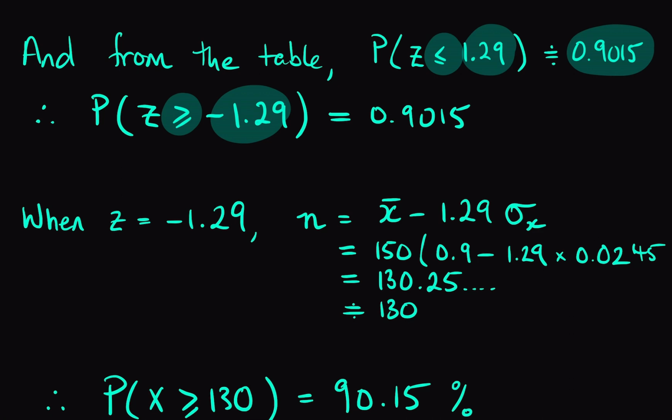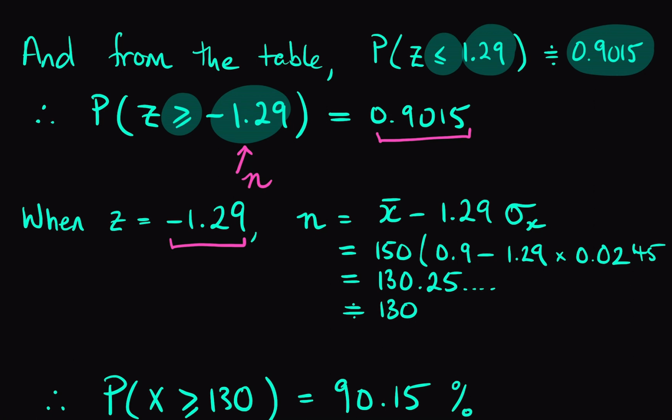So that's saying that the probability of getting any z-score that's greater than or equal to this value is the required probability. So all we need to do now is find the actual score that corresponds to that z-score. So the actual score, the number of items that's going to be our minimum value here, our cutoff point, we can use a z-score of negative 1.29.